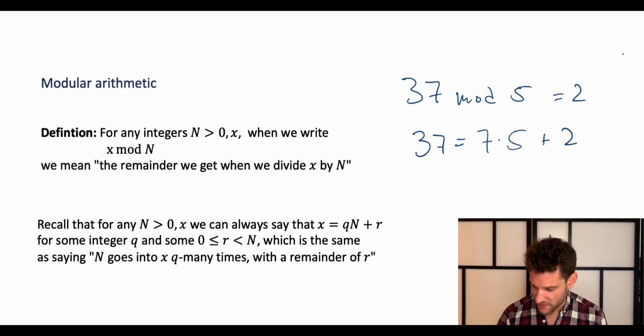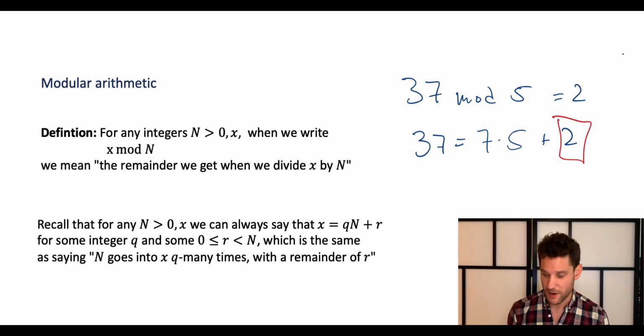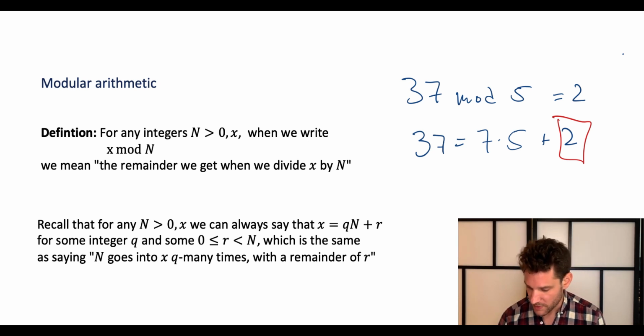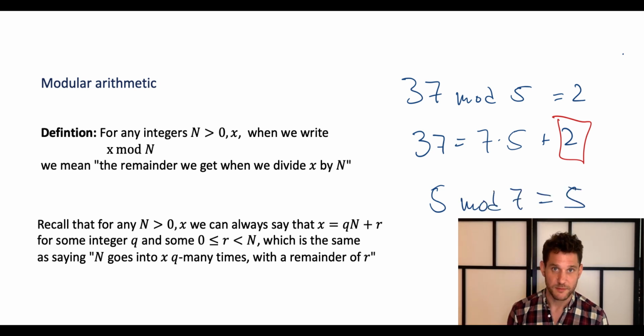So this is, of course, the thing that I'm interested in when you take something modulo. You actually don't really care about the fact that it's 7 times 5. You throw away the 7, the multiple of n in this case, and you just look at the remainder. Similarly, 5 mod 7 just equals 5, because 5 is smaller than 7, so the remainder upon dividing by 7 is just 5.